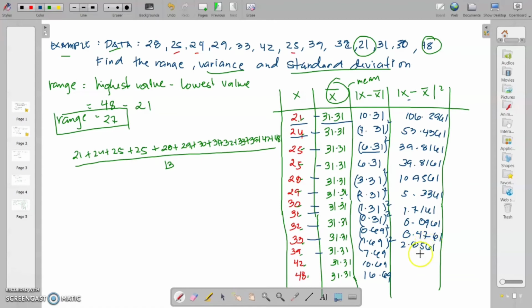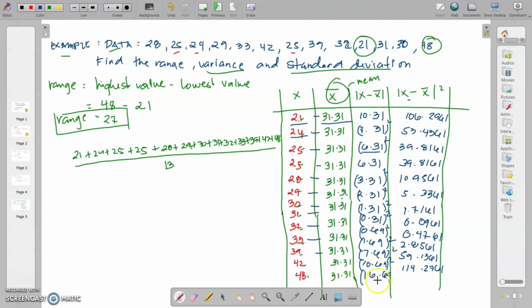2.8561. I-calculate mo lang siya using calculator. And 7.69 squared equals to 59.1361. Then 10.69 squared lang siya equals to 114.2761.